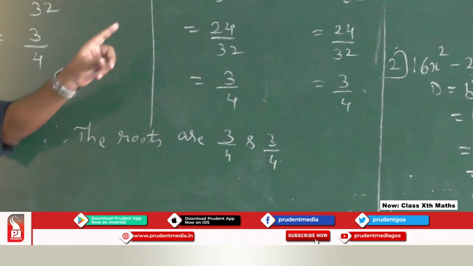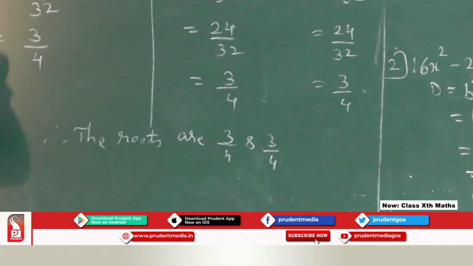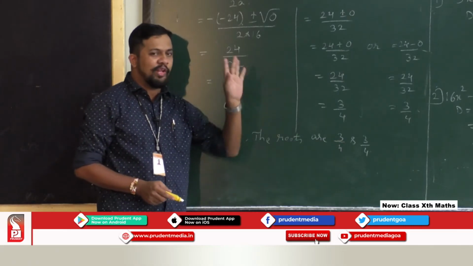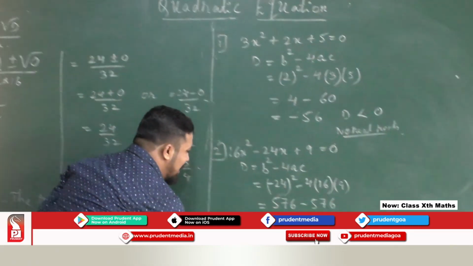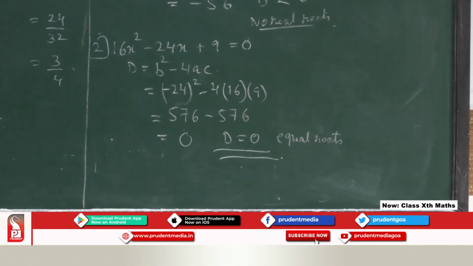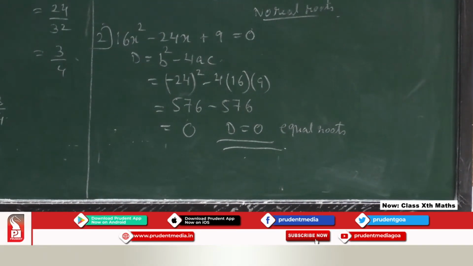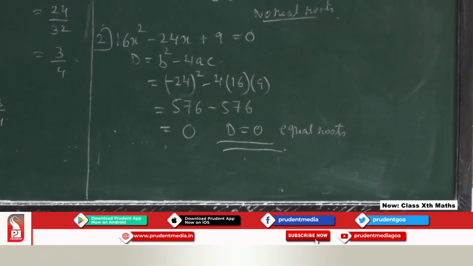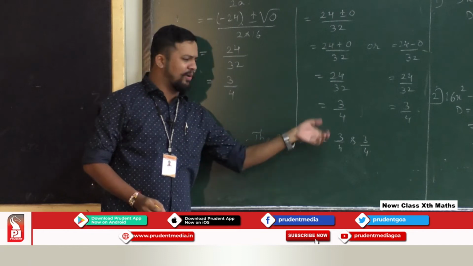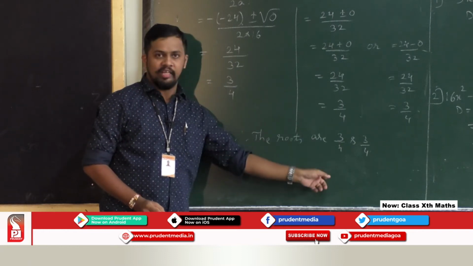Now, from this you will come to know, if I ask you one statement: when a quadratic equation has equal roots, you will know that D has to be 0. So when the discriminant is 0, it should strike in your mind that both the roots will be equal, irrespective of positive or negative, both equal.